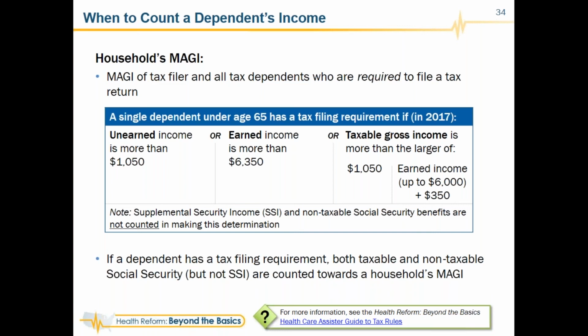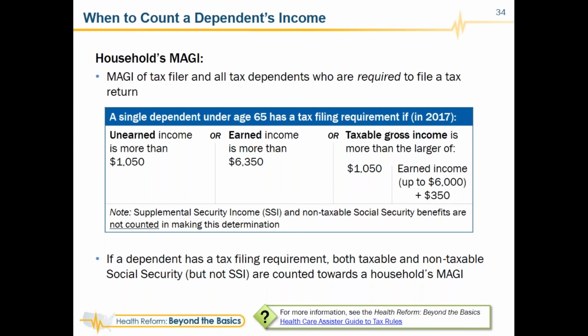So a single tax dependent who is under age 65 will have a tax filing requirement if they have unearned income of more than $1,000. And by unearned income, we're generally talking about investment type income. We're not talking about Social Security benefits. If they have earned income that's more than $6,350, or if they have some combination of the two.